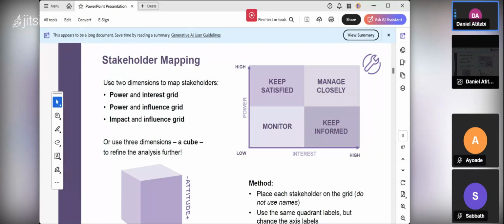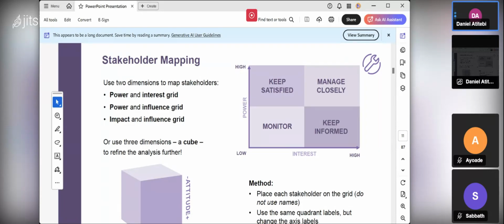But the one that has high power, high interest, you give him all these things here. You keep him informed, you satisfy him, you monitor him. He can be a very dangerous person. He can make life difficult for you when you're managing your project. So if you have a stakeholder that has low power, low interest, you monitor him closely.